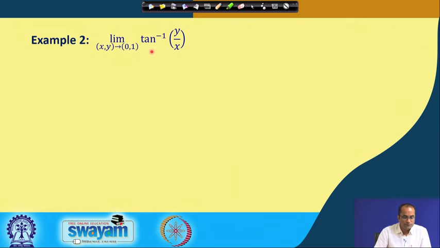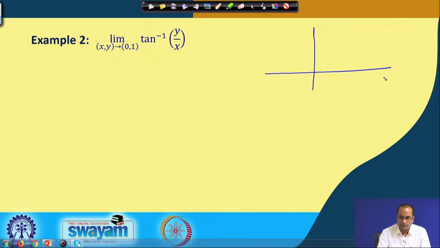The second example of this kind, we will take the limit as (x, y) goes to (0, 1) of tan inverse y over x. So, in this case we have again the x y plane and we are approaching the point (0, 1), so x is 0 and y is 1. So, somewhere here. We will take two paths again.